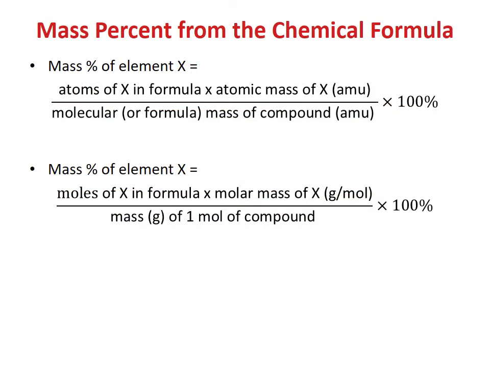Here shows how to calculate the mass percent from the chemical formula. For example, water has a molecular formula H2O. So in each molecule, we have 2 hydrogen and 1 oxygen.